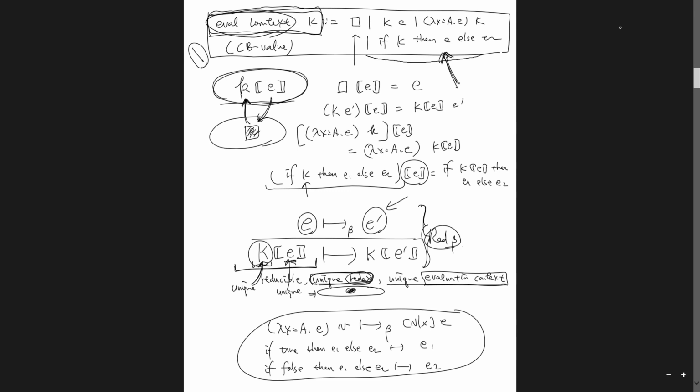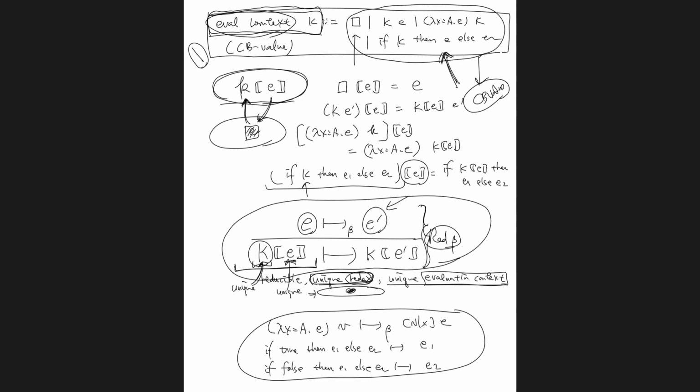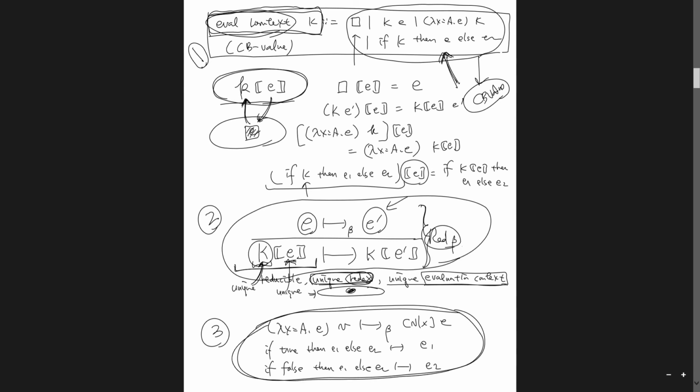We can just look at this definition and then deduce, oh, it corresponds to call by value. Next, we need this single reduction rule that covers all the cases of evaluation context. So this is the second component. And finally, we need to list all the beta reductions. So this is the new formulation of operation semantics that consists of evaluation context, single reduction rule, and the list of beta reductions.